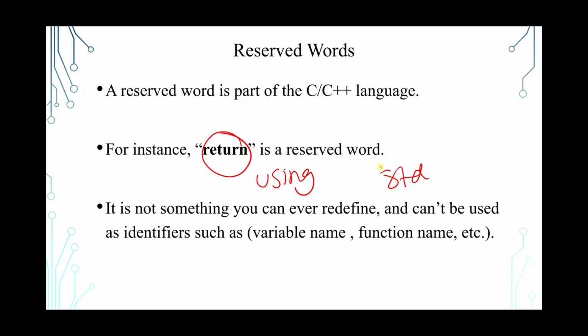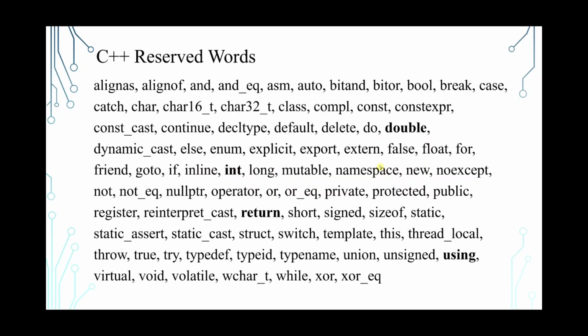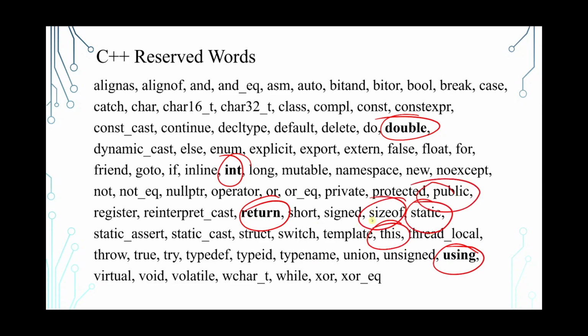So it's not something you can ever redefine and cannot be used as an identifier such as variable name, function name, or anything else we create. So C++ reserved words are a lot, like double for floating point numbers, int, return, using, this, sizeof, static, public, a lot of them.